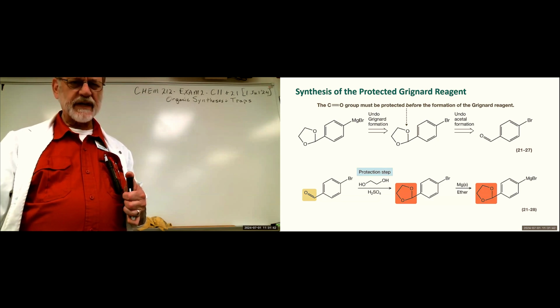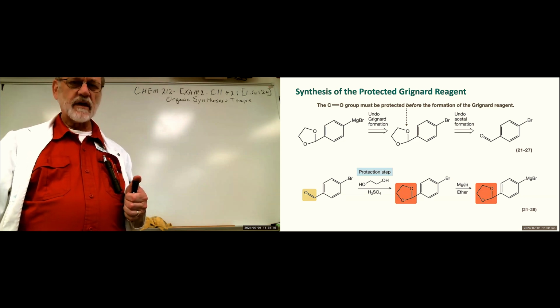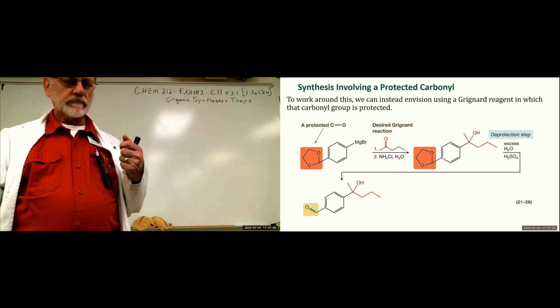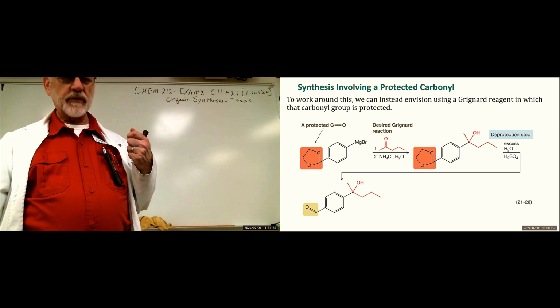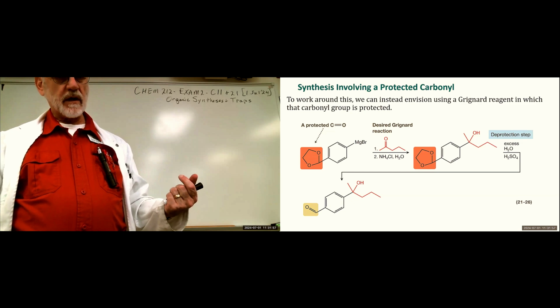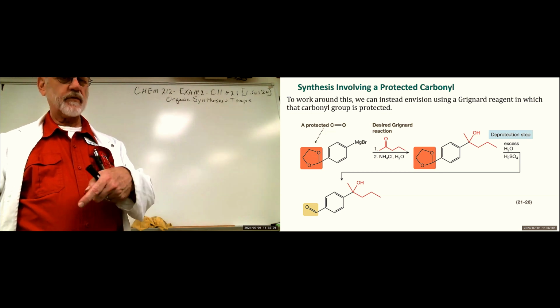This would simply protect the Grignard reagent so that you get reaction. Okay, I see what's going on here. We want the Grignard to react only from the carbon side of the Grignard, not the magnesium side.